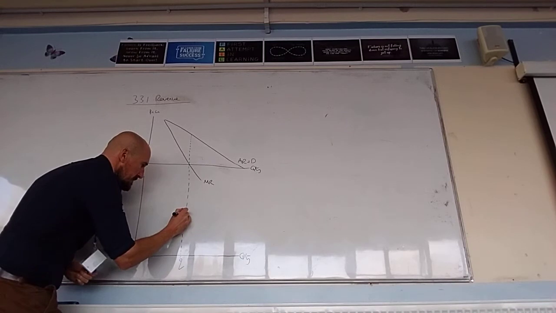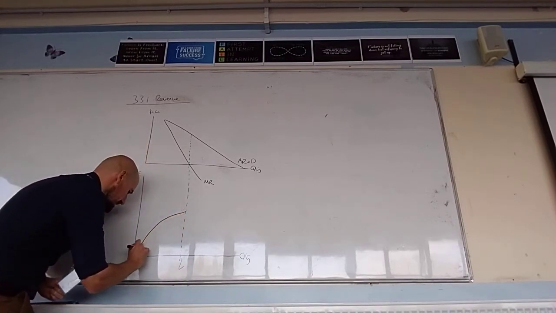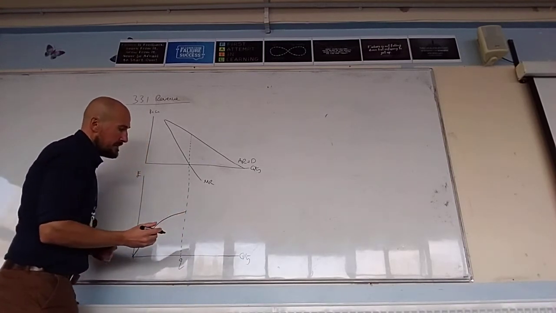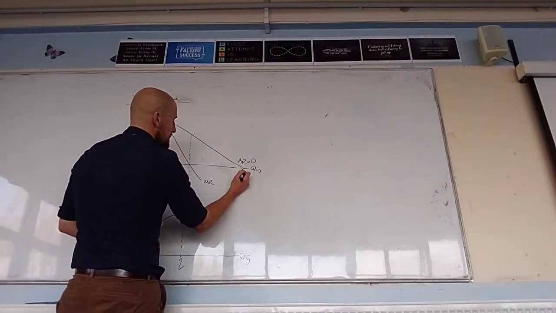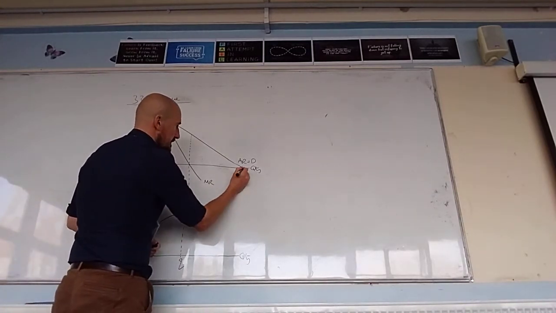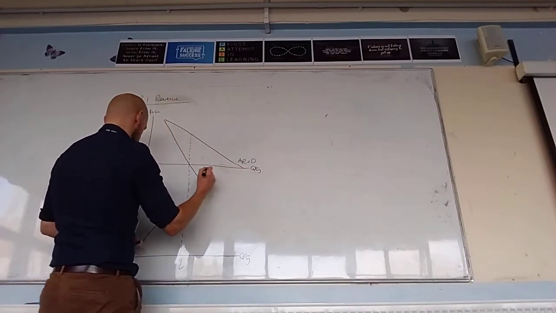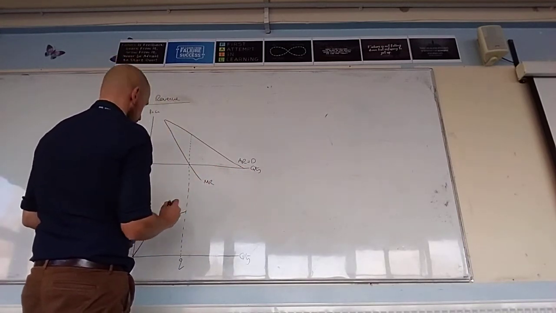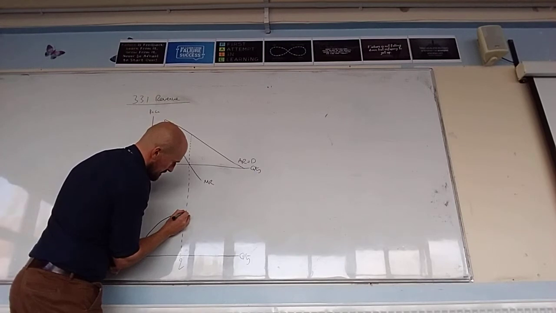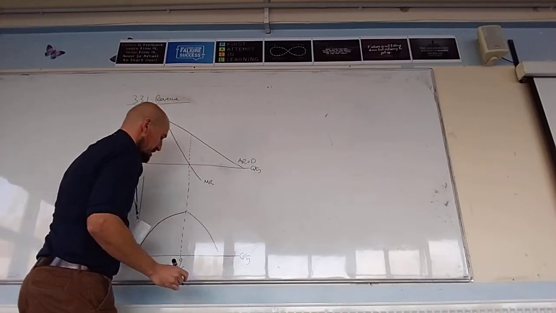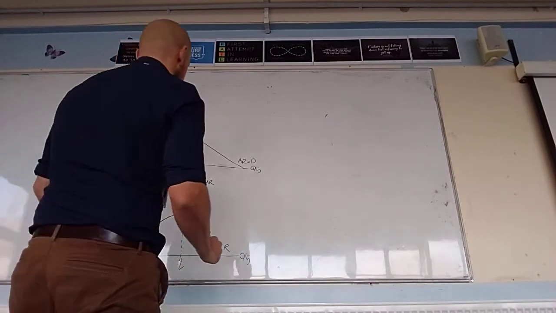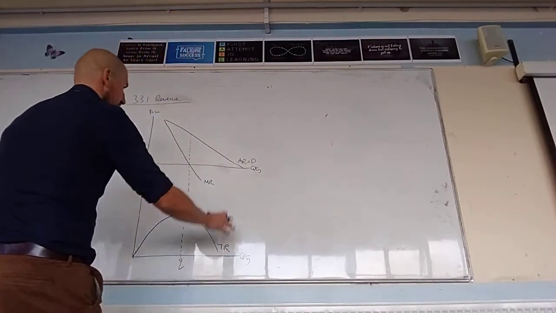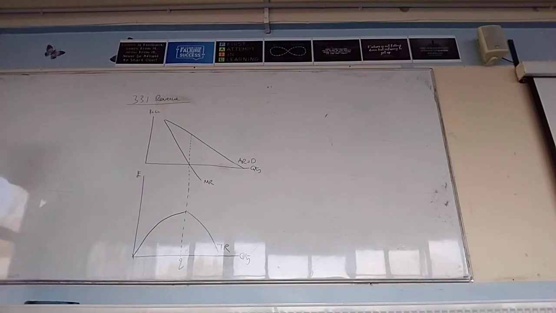So if you imagine this is a total revenue curve, there will also be a point when I set a particular price. Okay, so imagine that's my total revenue curve. I'm not going to worry too much that they don't marry up. It's the principles that are more important than the technicalities of it.